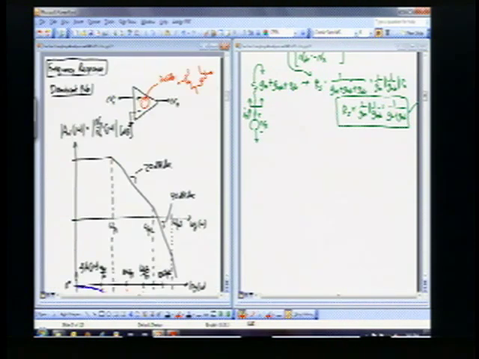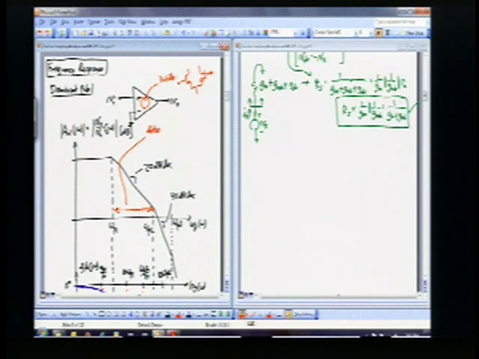I guess the main thing that I want to talk about now is that this distance right here, that distance between the first pole, omega P1 and omega P2, that decides how stable a negative feedback circuit will be. Okay, so let me just write that down.